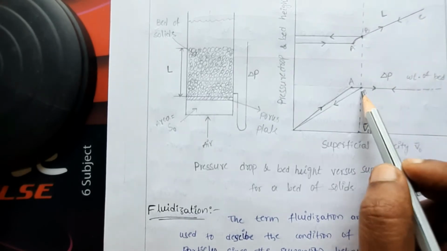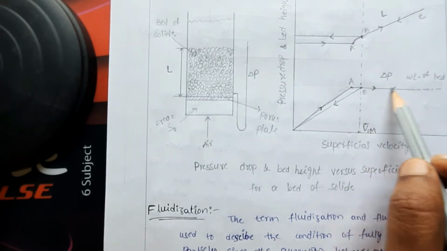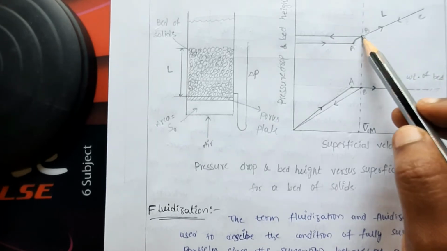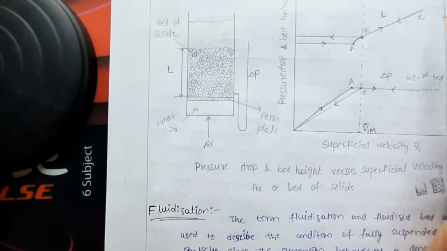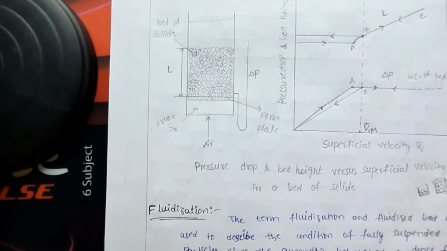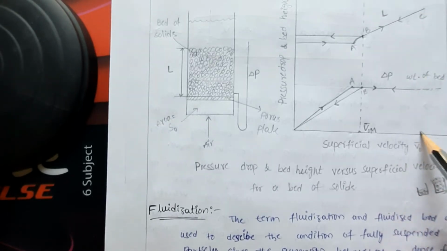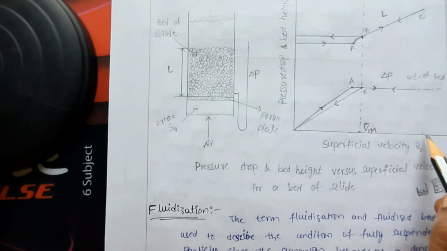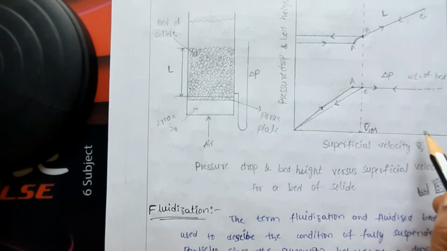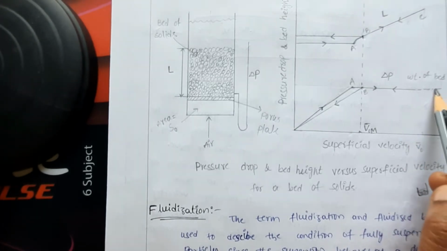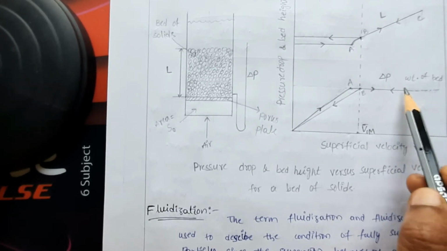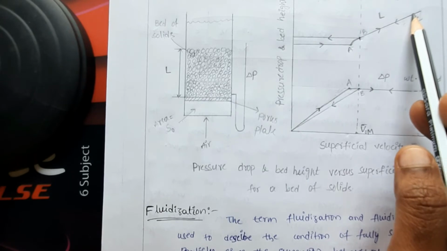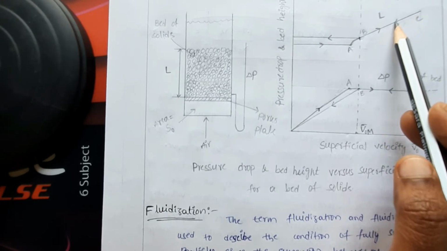In the fluidization condition itself, the pressure across the bed will be constant, the height of the bed will keep on increasing. So if you reverse the condition, we have reached this point at this velocity, right? So if you decrease the velocity of the air, what happens, again the pressure will be maintained as the same constant and the bed height will be decreasing back.